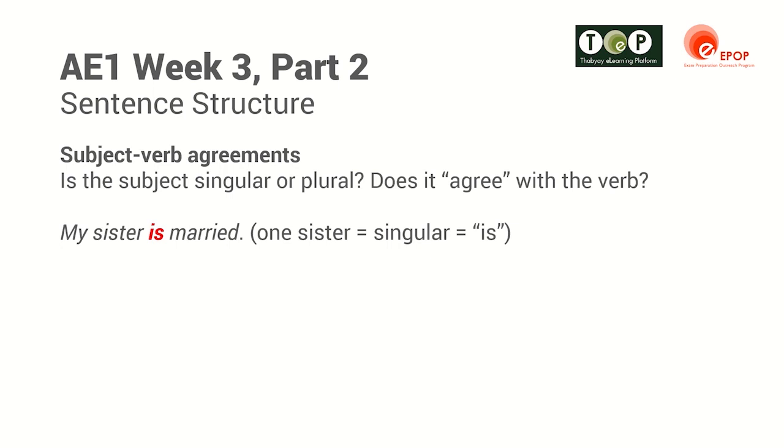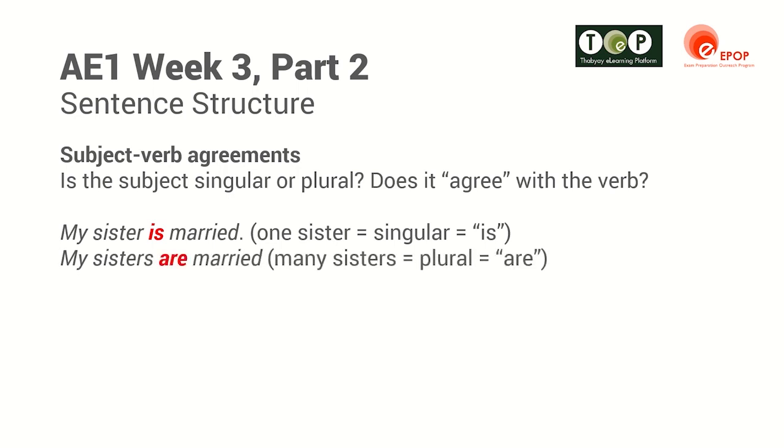In this case, my sister is one sister, so therefore it is the singular form of the verb to be, which is. My sister is married. In this second example, my sisters are married. So there are many sisters, and so we're using the plural of the verb to be, are.